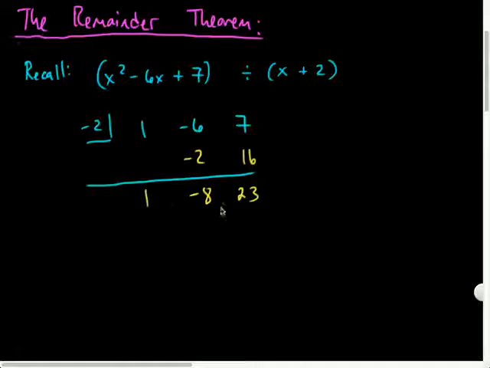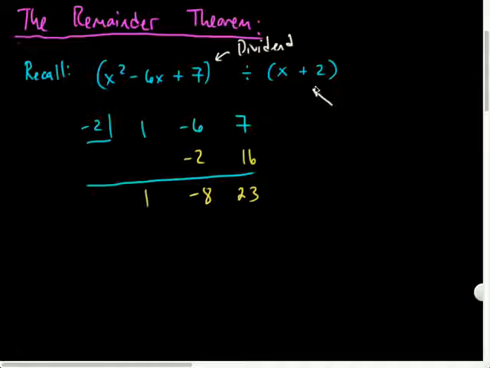What part of that is the remainder, by the way? The 23. In fact, let's label these real quick. This part would have been the dividend.